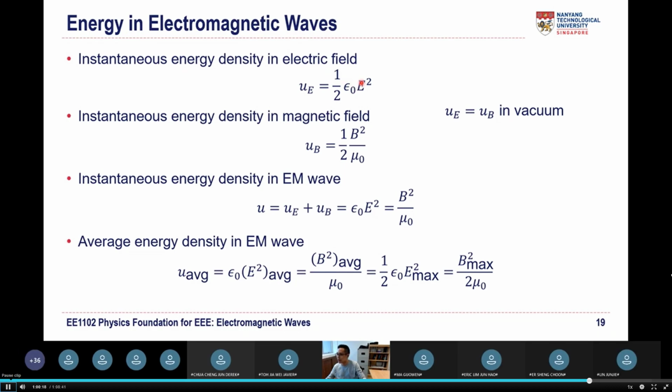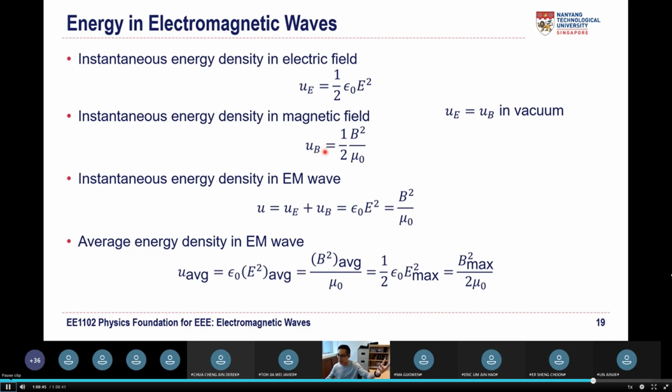I call it instantaneous because E is a time-varying field. It changes with time, right? That means this energy also is going to change with time. So how much energy is stored in that electric field is going to change with time. And same with the magnetic field. The magnetic field changes with time, so the energy stored in that magnetic field is also going to be changing with time.